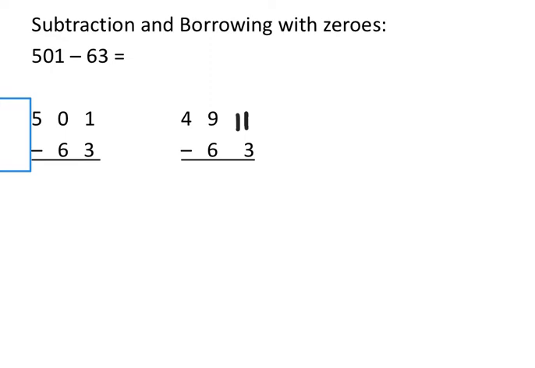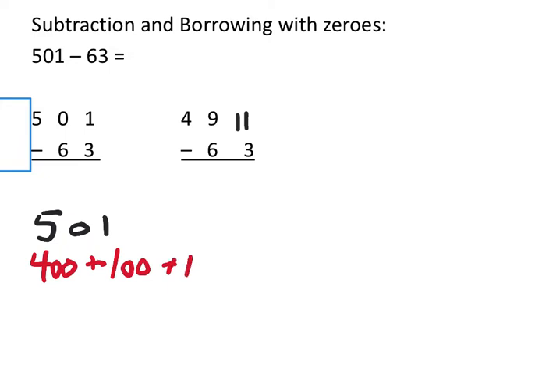Now, what that means is that the 501 becomes essentially 400 plus 100 plus the 1, right? Because that would still add up to 501. But now I'm going to take the 100 in the middle, and I'm going to take a 10 of those, which then makes it 90, and make that 1 into 11.